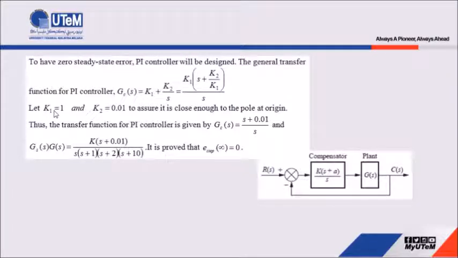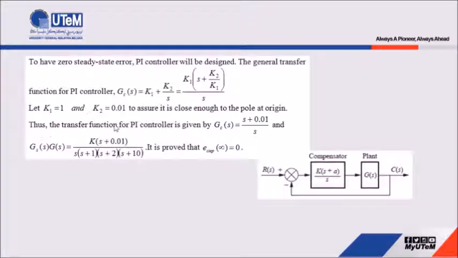That's why we choose K1 equal to 1 and K2 equal to 0.01. This is up to you. You can choose other values. For example, you can choose 0.02, or you can choose 0.005. It's up to you, as long as the resulting zero is close to 0.